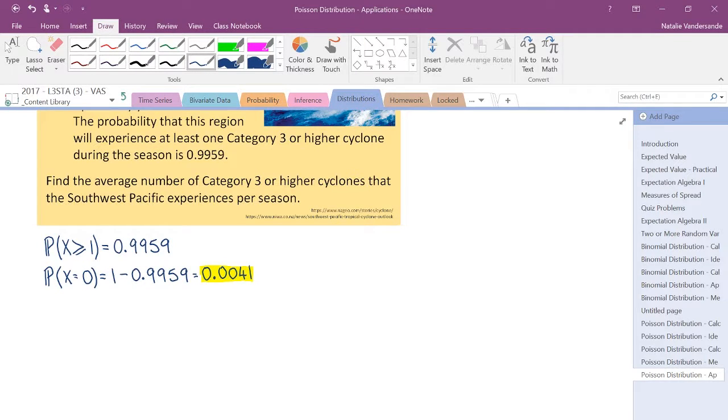So now we can fill in our Poisson formula, and I have put this just above, so we'll bring that down now.